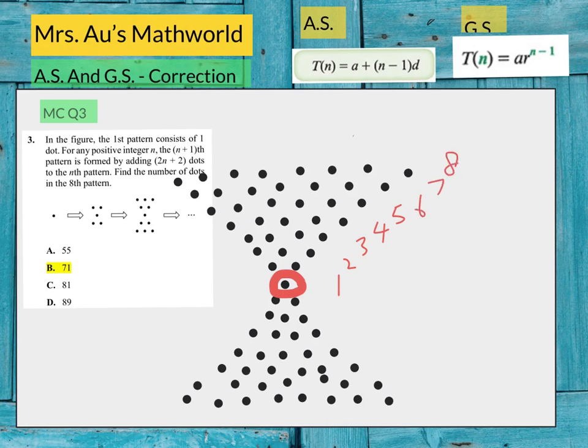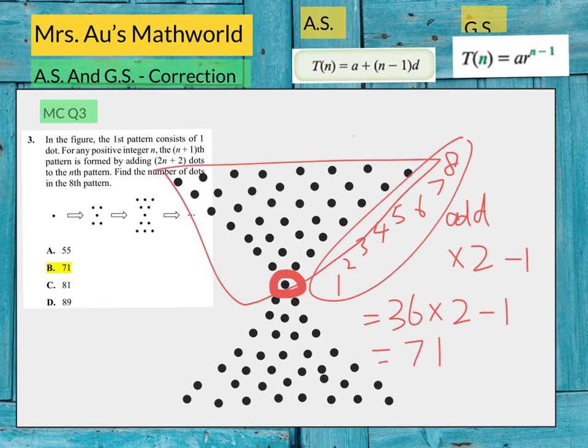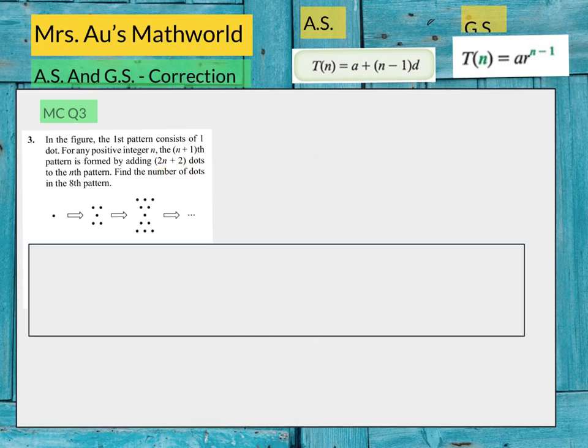Add all these together, then multiply by 2 because you get two sets of them, but this one is repeated. So after you add this, that means 36 times 2 minus 1, you get 71. So this is the slowest method.